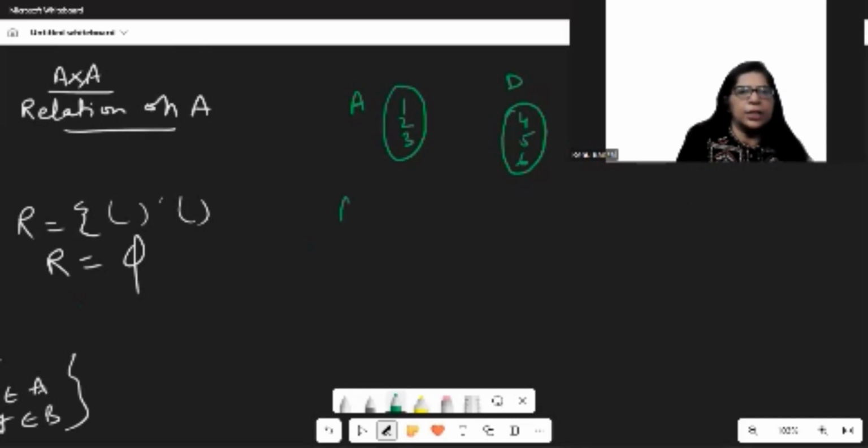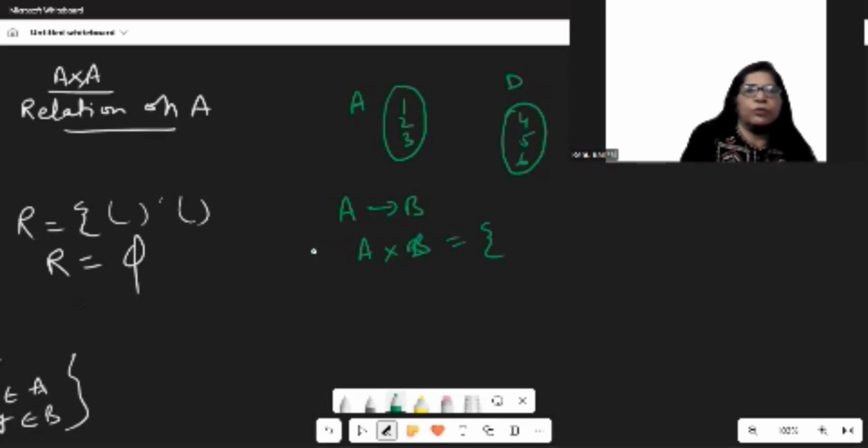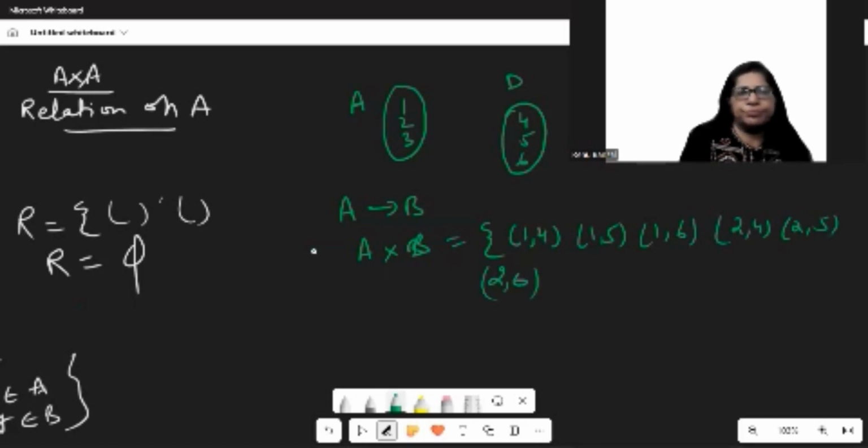My relation is A to B. Now if I make ordered pairs, that is A cross B, what will it be? 1,4; 1,5; 1,6; 2,4; 2,5; 2,6. ठीक है बेटा.